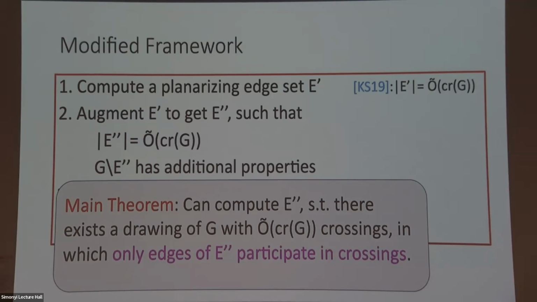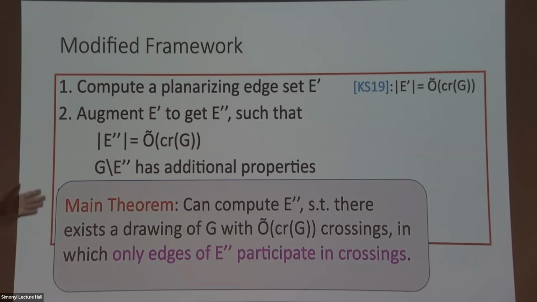Now, what we are requiring here is that every crossing involves only edges of E double prime. So 2 edges of E double prime. Okay. So basically, the remaining graph is not only drawn in a planar way, but it also just cannot cross with any new edges that we eventually add to the graph. Okay. So it's a stronger requirement than the remaining graph being drawn in a planar way.